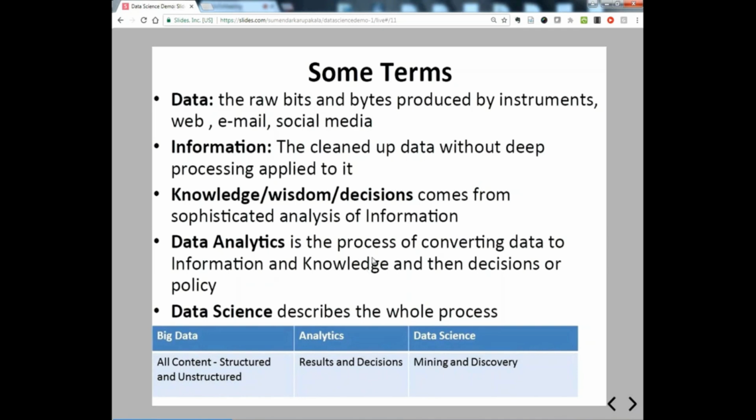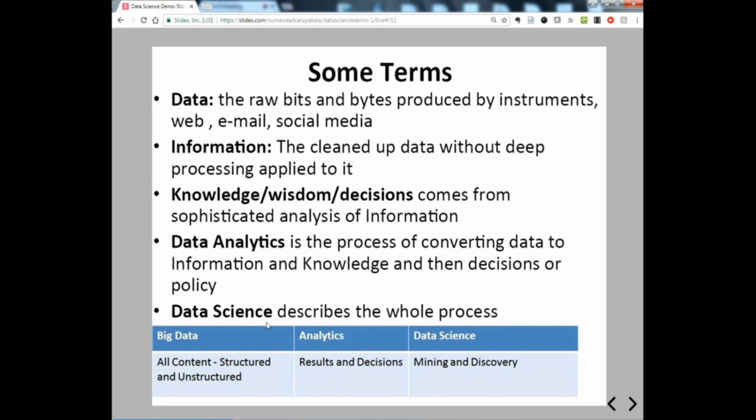Data is nothing but simple raw bits or bytes of information, like web-related data, email, or social media data. Information is nothing but some cleaned-up data. Once we apply some kind of data analytics on top of this, converting the data into actual knowledge and decisions is called data analytics.